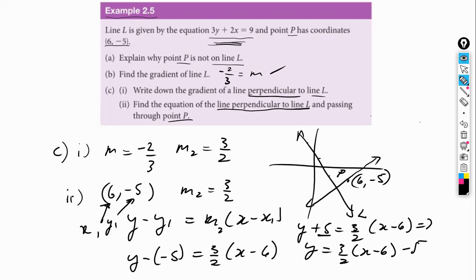Because we're going to switch this to the other side of the equality. So then finally, we'll write the solution up here. y is equal to 3/2 x minus, and this is going to be 9, 3 times 6 divided by 2, minus 5, which is going to give us finally that y is equal to 3/2 x minus 14.